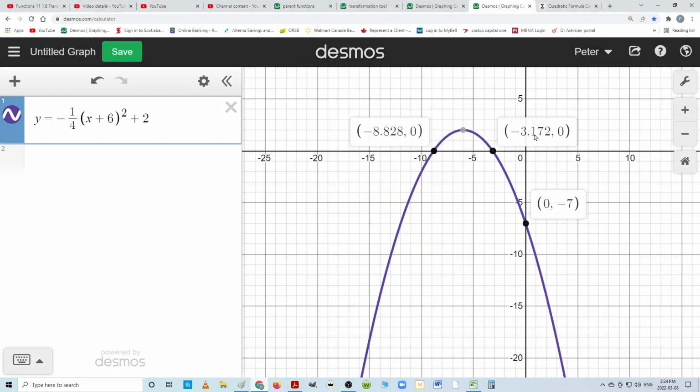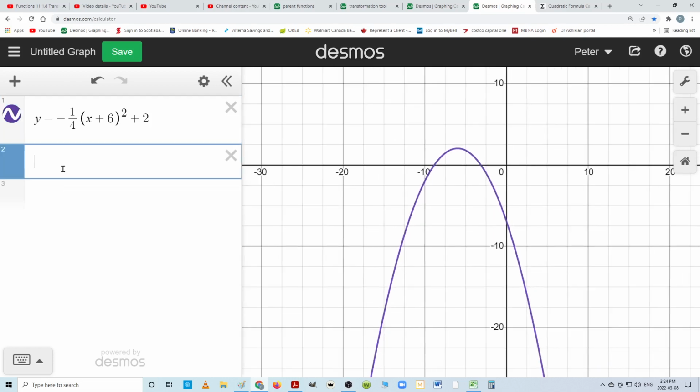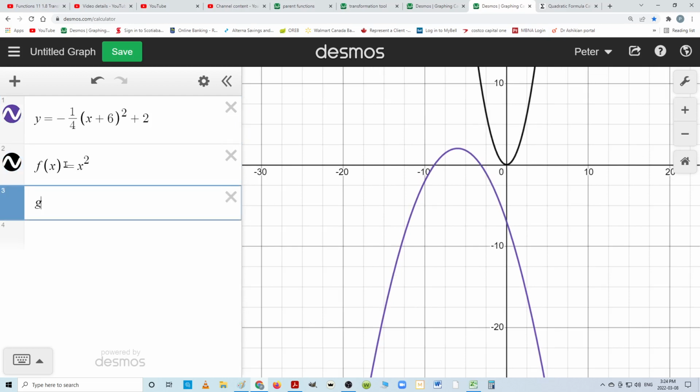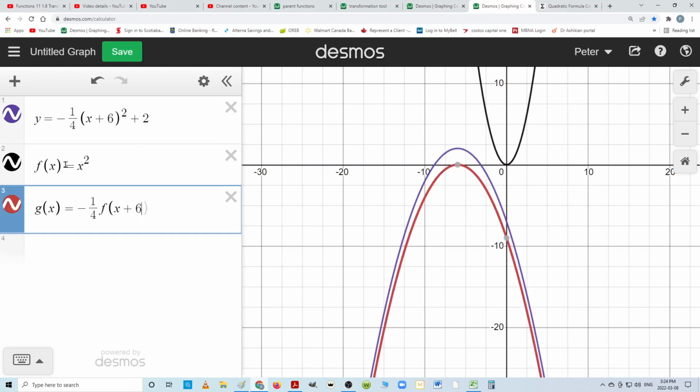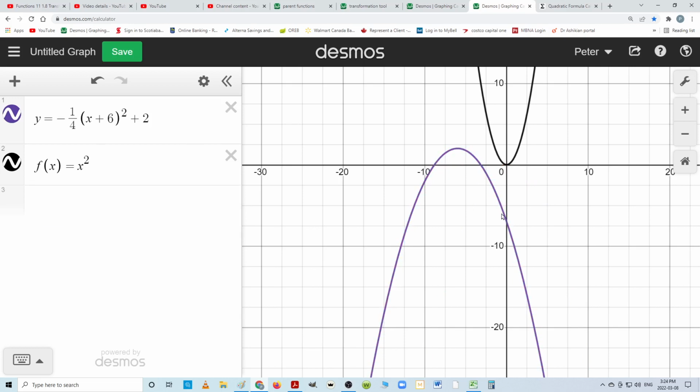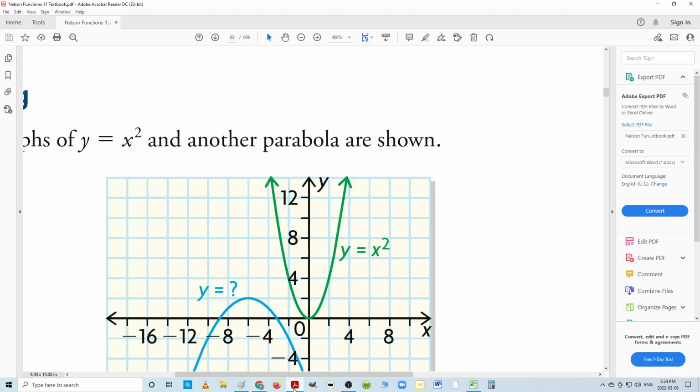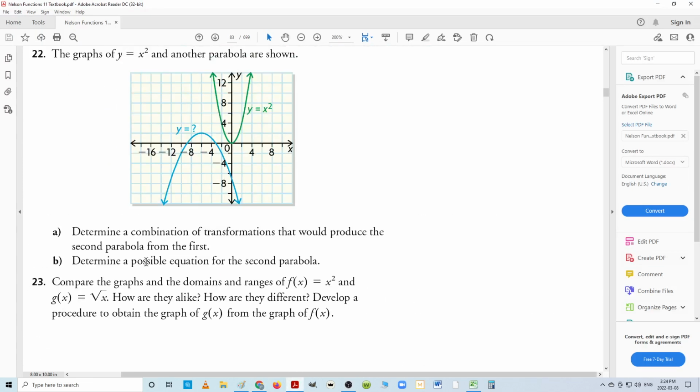Goes through 0 comma minus 7. It has the vertex that I wanted. And just to compare, there. Yep. So, based on the limited data, that looks pretty accurate.